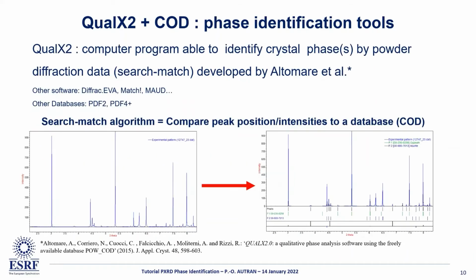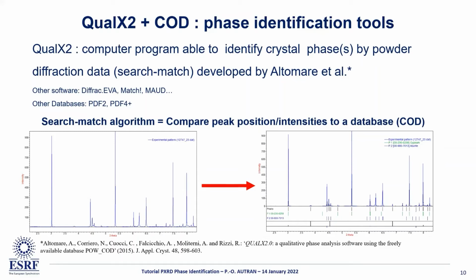The software I'm going to present today is called QualX2. It's coupled with a database. The software was developed by people from the University of Bari, and it's available on their website directly. It's free, which is the big advantage compared to other software, for example Diffrac.EVA and Match!, which are not always free, and databases such as PDF-2 to PDF-4+, which are usually very expensive.